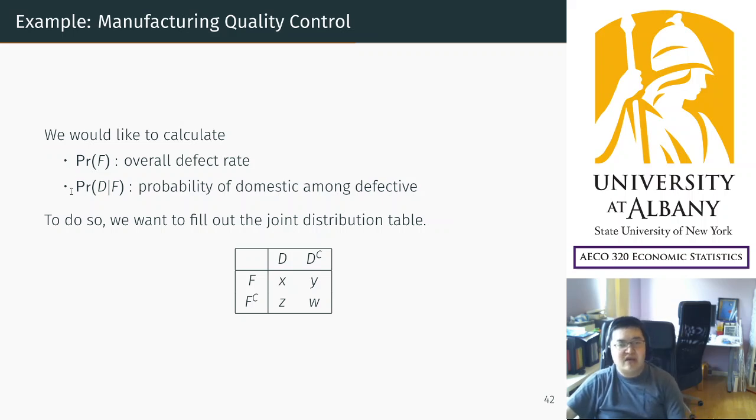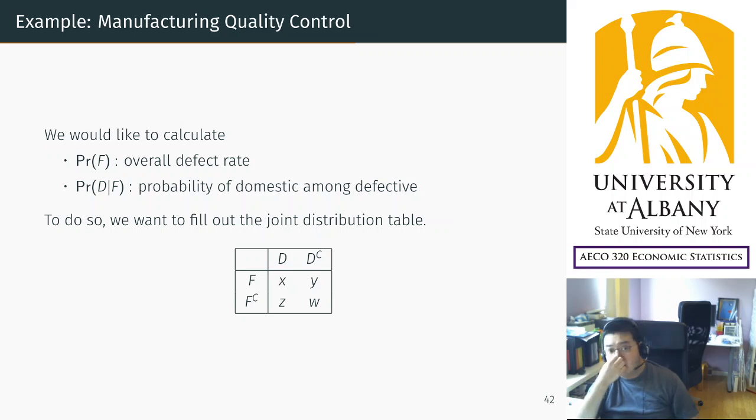And also, it will be interesting to see the probability of being domestically supplied among defective ones. In any case, we do not have this information directly, but we do have enough information to calculate them.